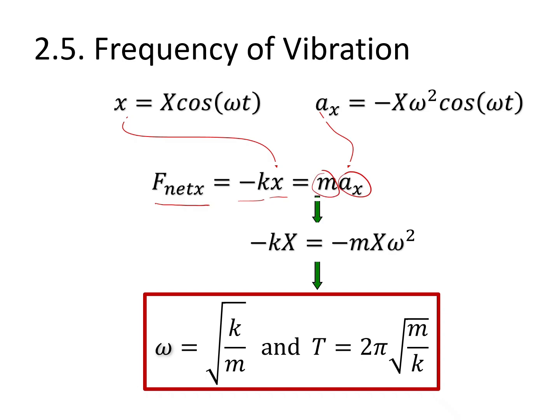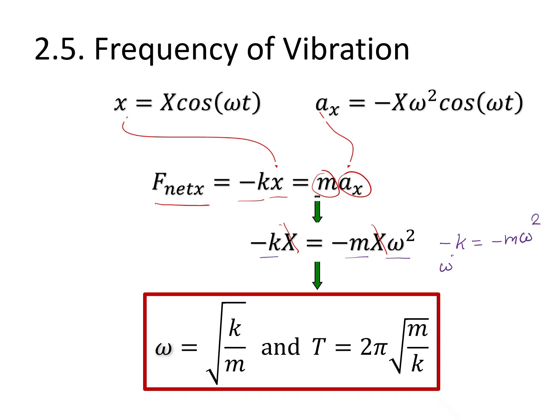For simple harmonic motion, acceleration is proportional to negative displacement. So the acceleration becomes more strongly directed back toward equilibrium when the displacement is larger. When we combine these ideas, the displacement factors cancel and we are left with a relationship between angular frequency, spring constant, and mass.